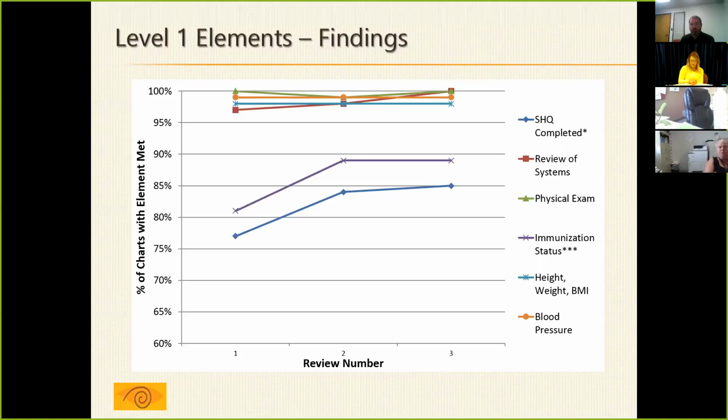So immunization status and the student health questionnaire being administered and completed by the student were consistently the lowest elements, even though they did show significant improvement across time. So take note that those are potential areas that you might want to be thinking about, where we saw the most need for improvement.